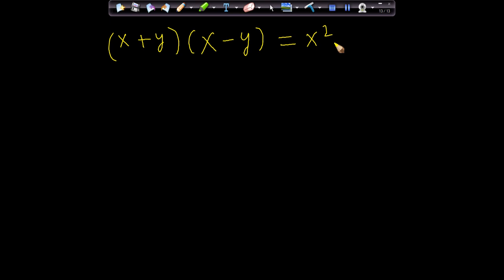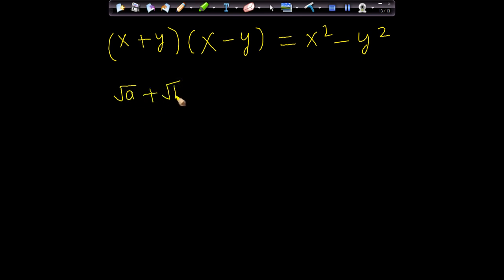Okay. So next thing is, you remember this formula, (x plus y) into (x minus y) is equal to x square minus y square. Same thing we can use for irrational numbers also.